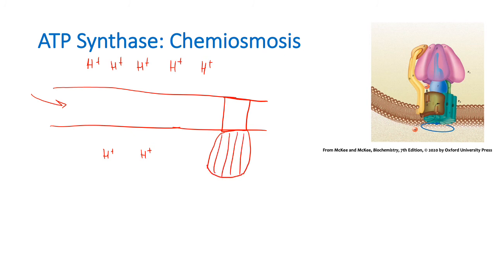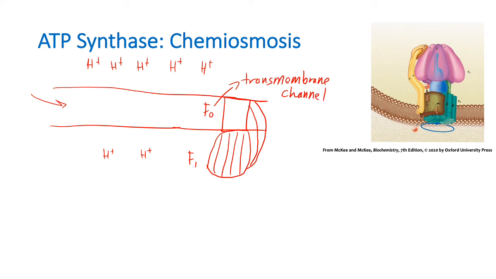I'm drawing it upside down from the drawing over there. And it kind of has this side arm right here that connects the two sides of it. And down here, that's going to be called the F1 unit. And up here, it's called the F0 unit. The F0 is called the transmembrane channel.